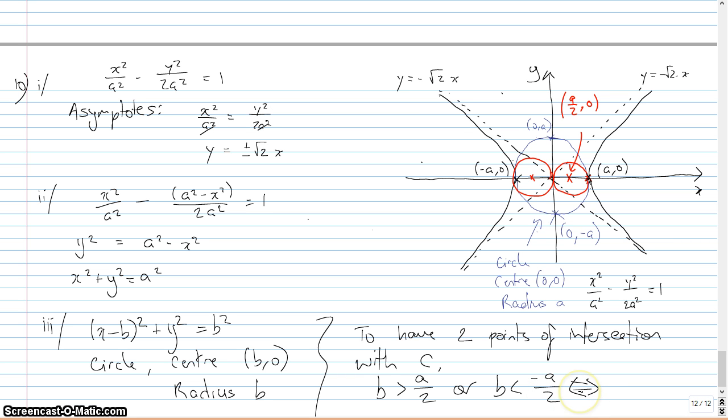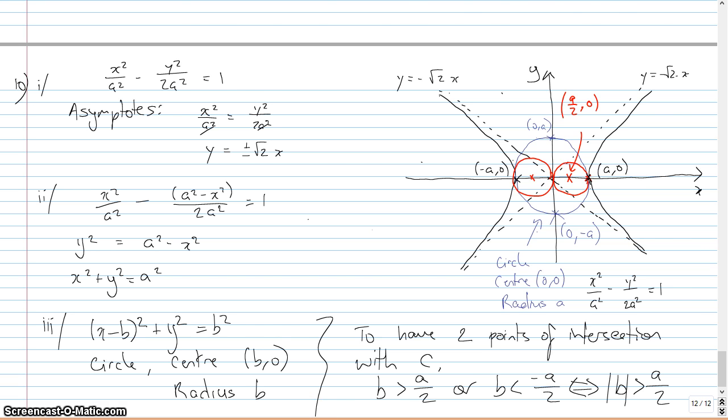That's exactly the same thing as saying that mod b must be larger than a over 2. Okay, cool.